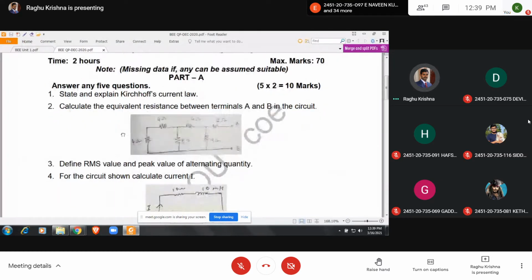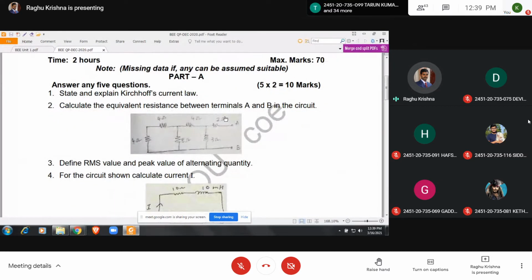Next, calculate the equivalent resistance between the terminals A and B in the circuit. So here, what is the equivalent resistance? Can anyone tell? Sir, 4 and 4 in series, that with 8 in parallel, and again in series with the 4 ohm resistor, then again in parallel with the 3 ohm resistor, then in series with the 2 ohm resistor.